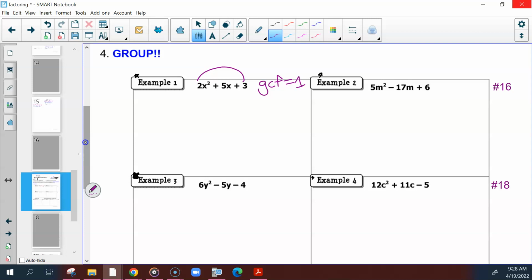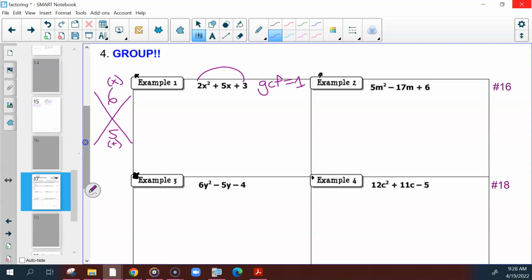To organize these numbers, I'm going to draw this x off to the side. 2 times 3 is what? 6. So we're looking for two numbers that multiply to be 6, but add to be this middle number 5.